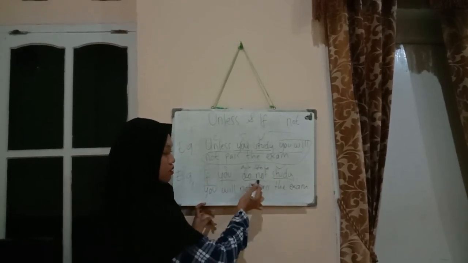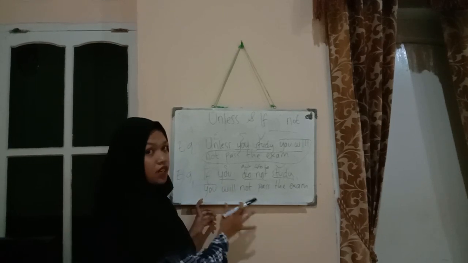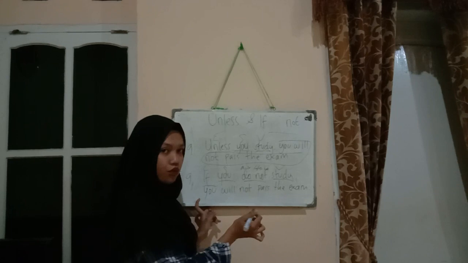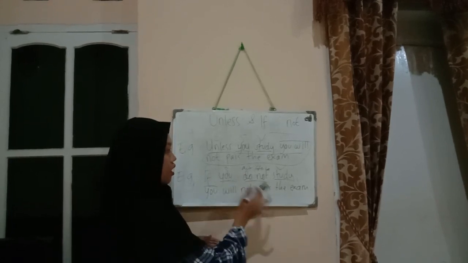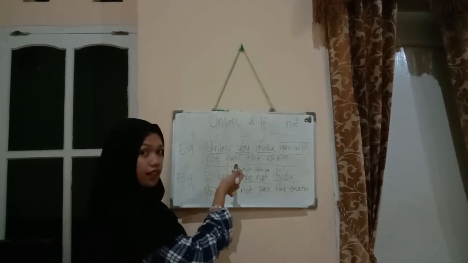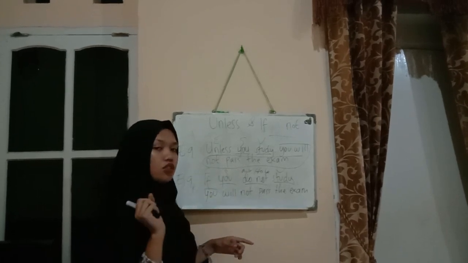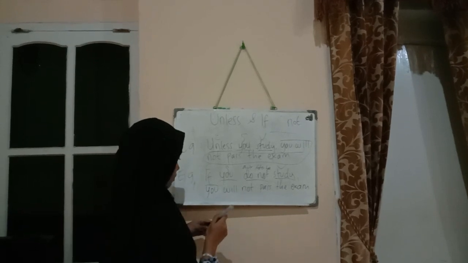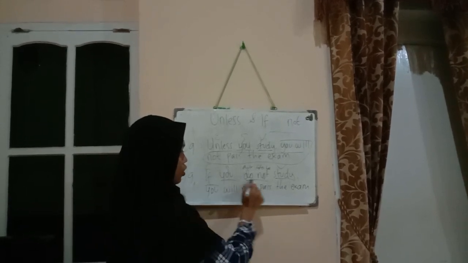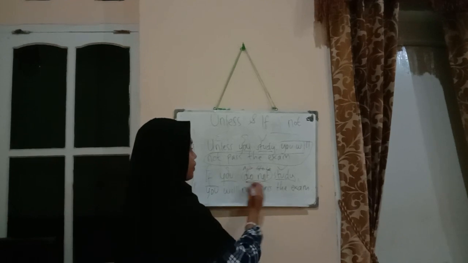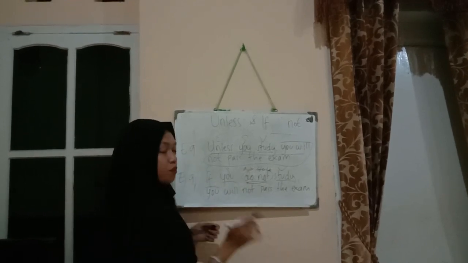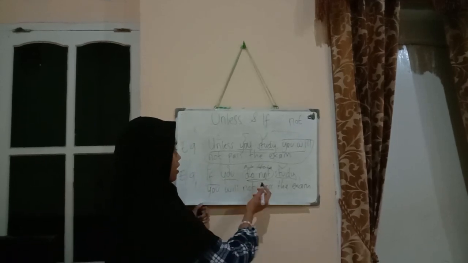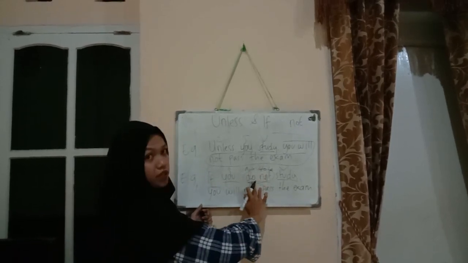So you can see the difference here. We do not use auxiliary or to be in unless, because unless is already a negative word. You cannot put two negative words in one sentence. Because the subject is you, we use do not here. But if you use the sentence in the past, you just need to change the to be.